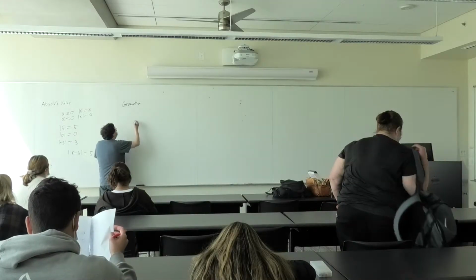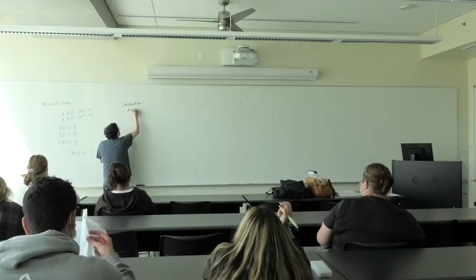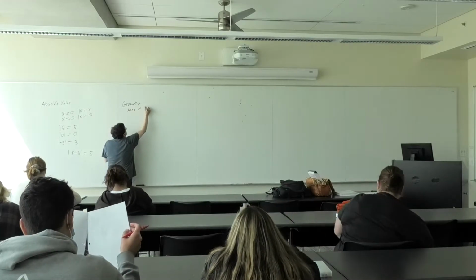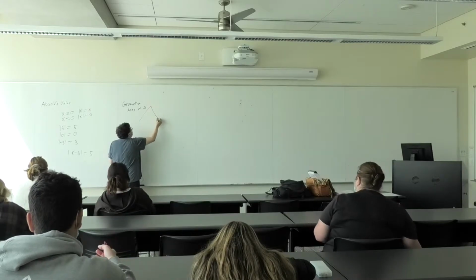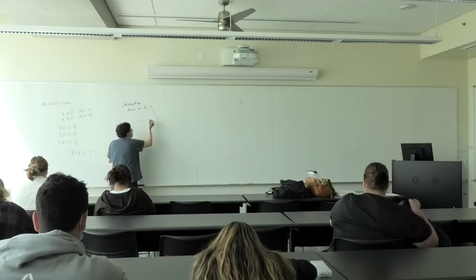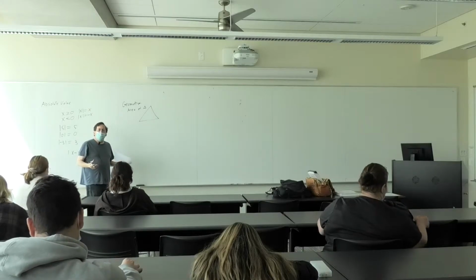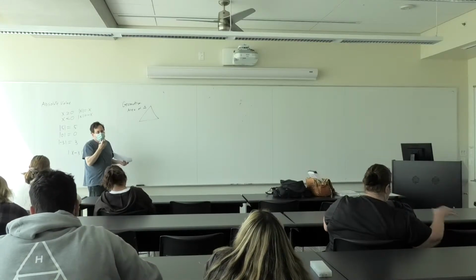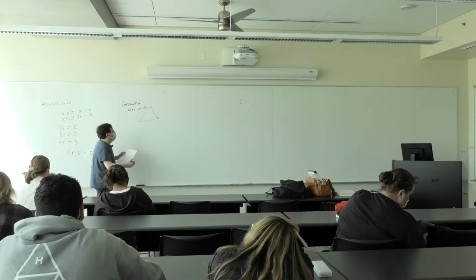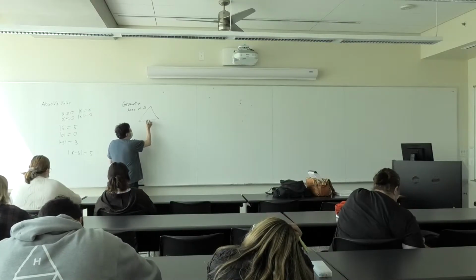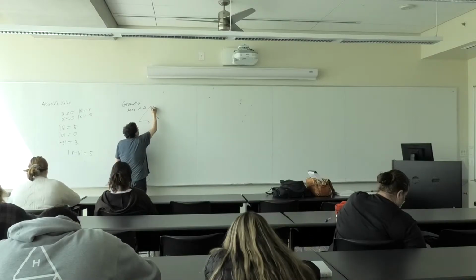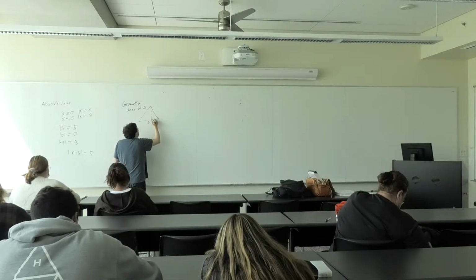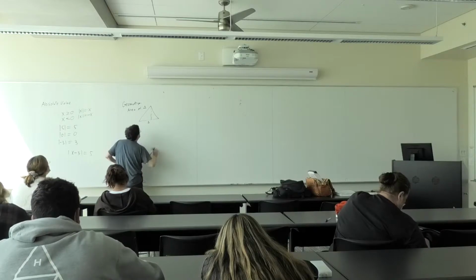So the first is the area of a triangle. We have a triangle. You can pick any side you want to call the base. Just as a matter of convenience, we often prefer the one on the bottom, but this could be the base. We drop that's terrible.